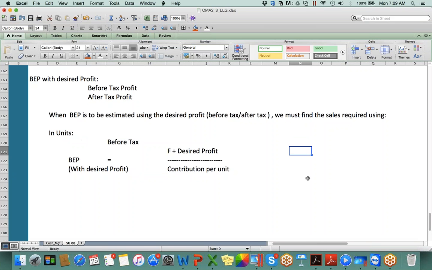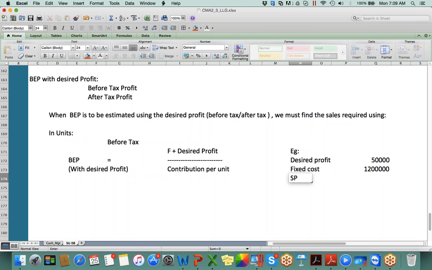Say for example, the company wants a desired profit of 50,000, with a fixed cost of say 1.2 million, selling price is say 120, variable cost is say 80.